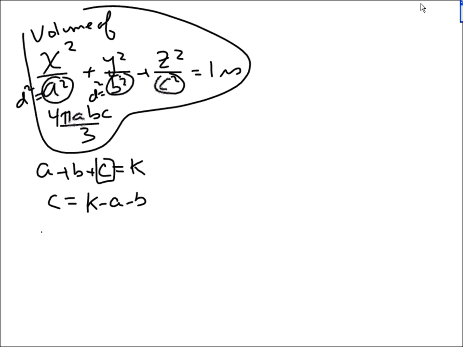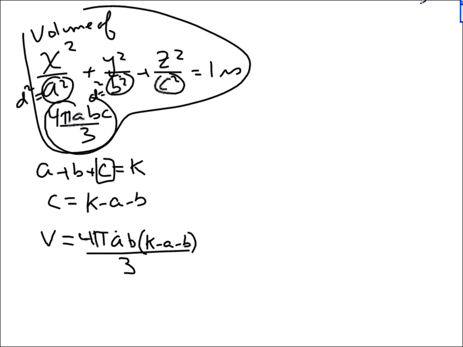So then the volume, using our formula, will be 4 times pi times a times b times c, which is k minus a minus b, all divided by 3. And we just want to find the partials. For V_a, 4 pi over 3 is a constant.